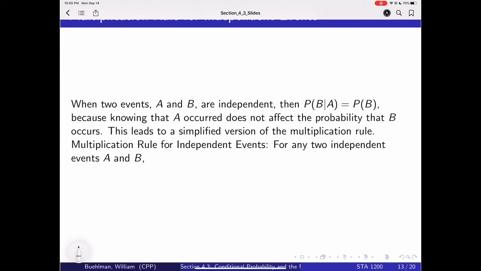Multiplication rule for independent events. For any two events, A and B, that are independent, the probability of A and B is equal to the probability of A times the probability of B. But you have to remember this only works if we know our A and B are independent.